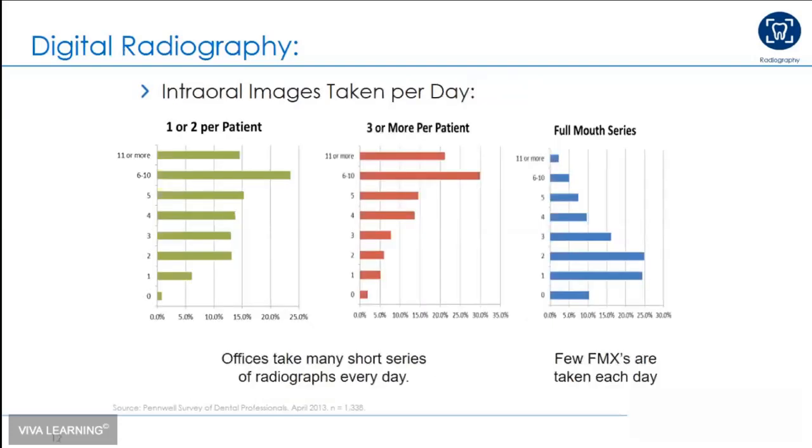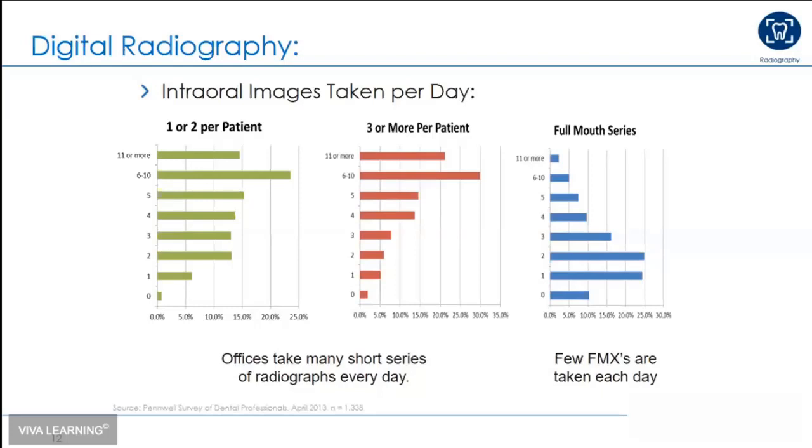So on the number of images that you're taking on a daily basis, you are seeing this graph before you that shows few full mouth series are taken each day. It's more conventional that we take a recall series, which may be 4 bite wings, maybe it's 4 bite wings and some anterior periapicals.